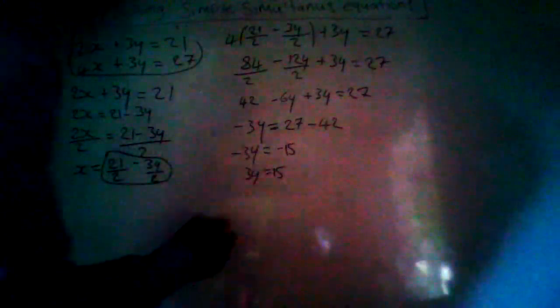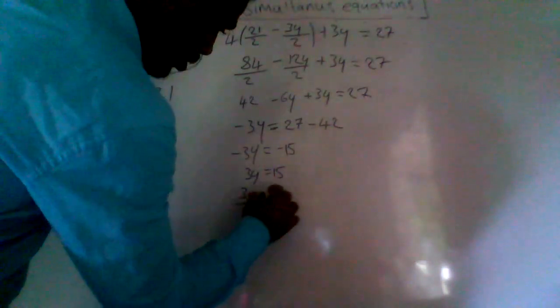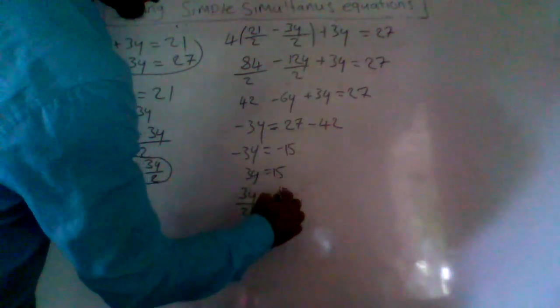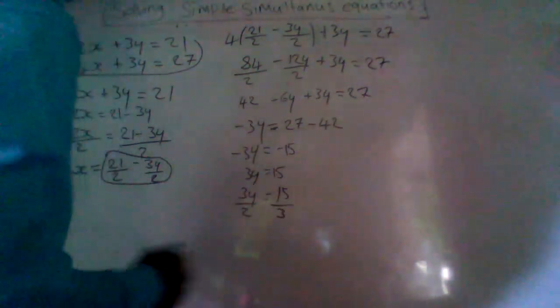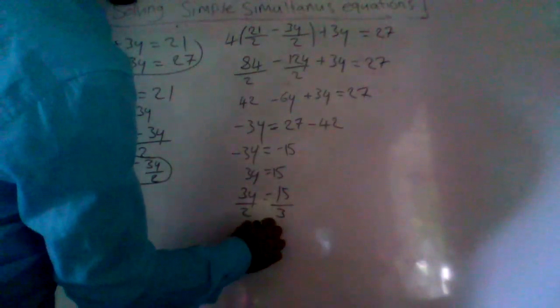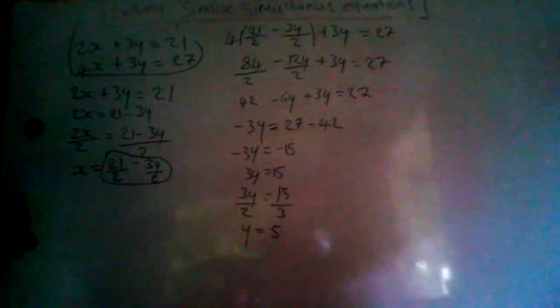So 3y equal 15. So 3y divided by 3 equal 15 divided by 3. So y would be equal to 5. So you see, I got y to be 5.